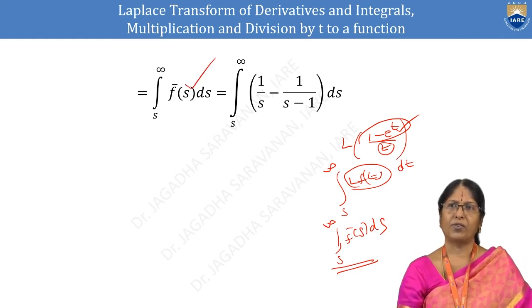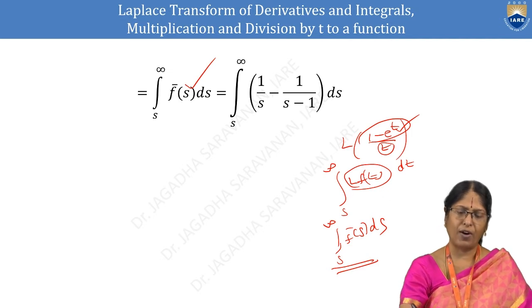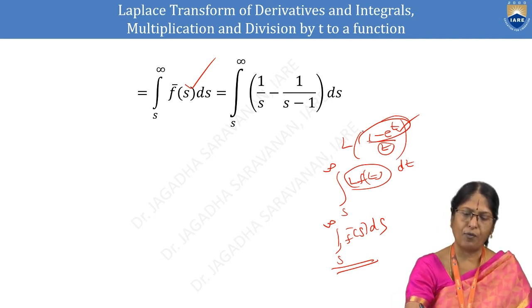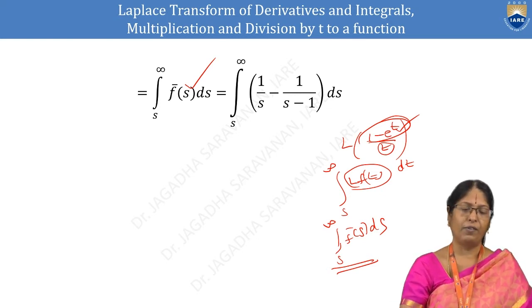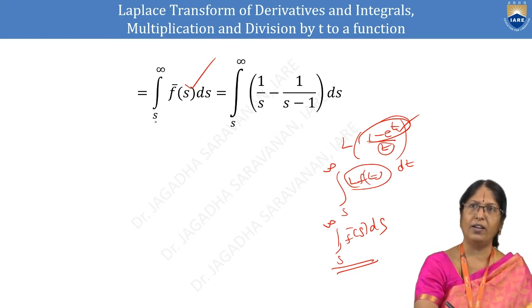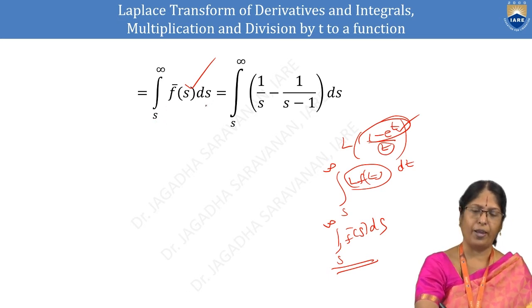Everywhere, if the function is multiplied by t or divided by t, we will apply the Laplace transform for f of t. And after applying, if it is divided by t, we will do the integration with respect to s.